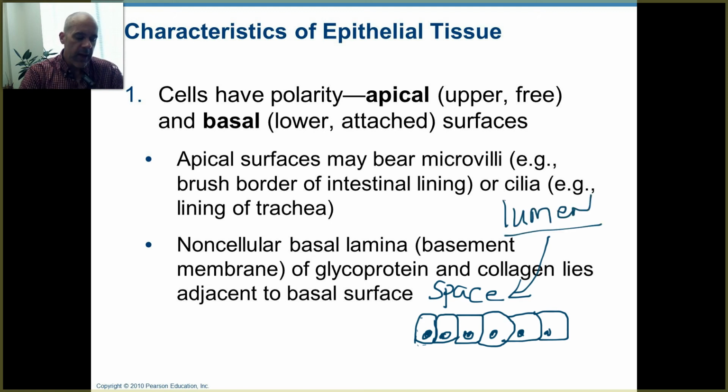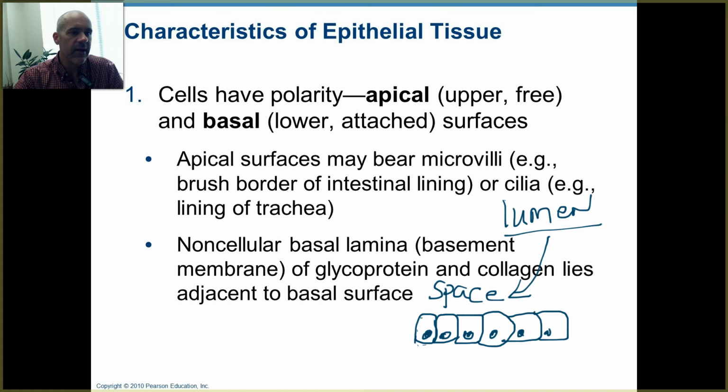Incidentally, internal spaces in the body have a term you will see occasionally as you move through A and P. The singular form is lumen. Like the space inside your stomach is the lumen of the stomach. Or it could be the space inside even an organelle in a cell. Like the space inside the endoplasmic reticulum is called the lumen of the endoplasmic reticulum.